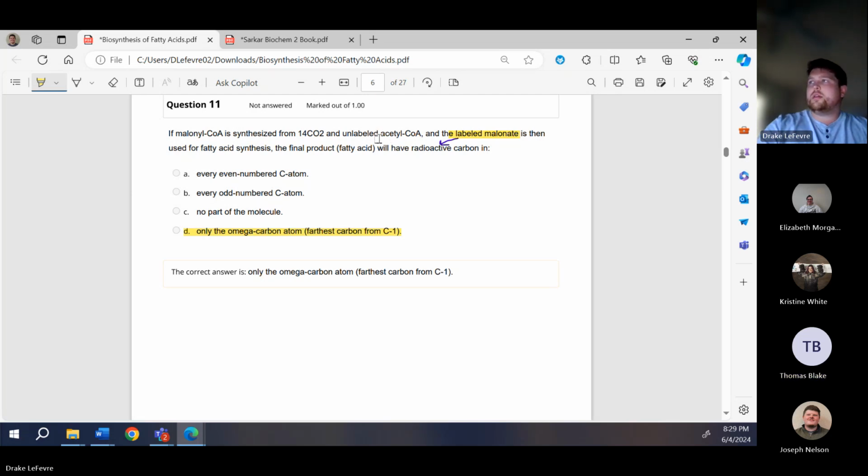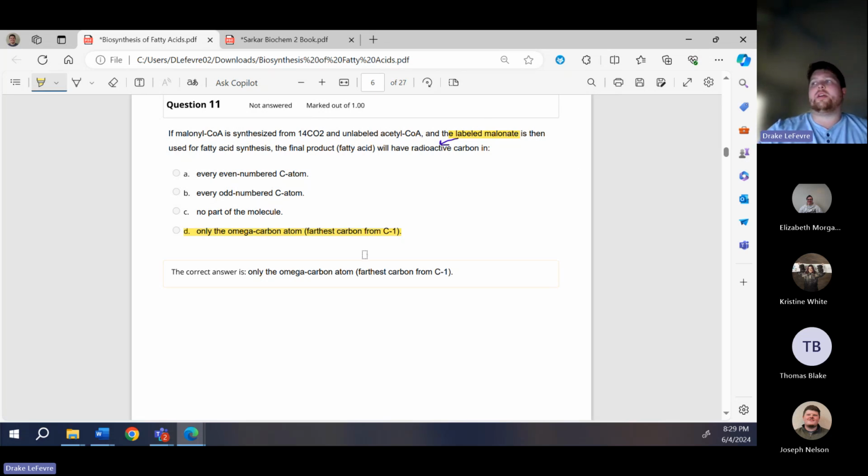Okay. And then we said unlabeled acetyl-CoA, unlabeled malonate. So the malonate is going to be the very last thing that gets added. They call it the omega carbon, the furthest from C1, because acetyl-CoA is going to be our first carbon. The CO2 or the bicarbonate will be some of the carbons after that.